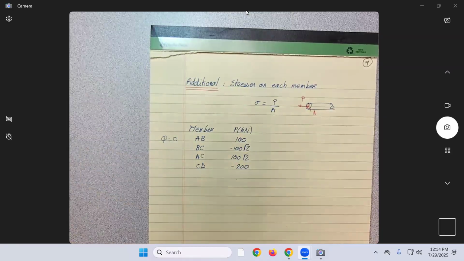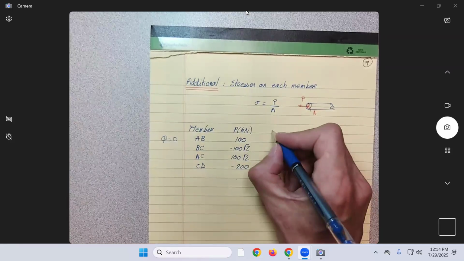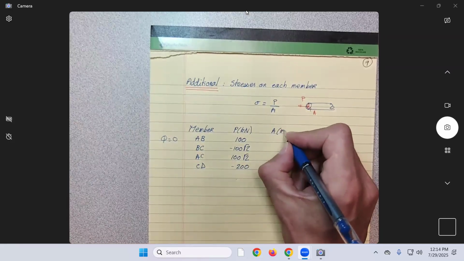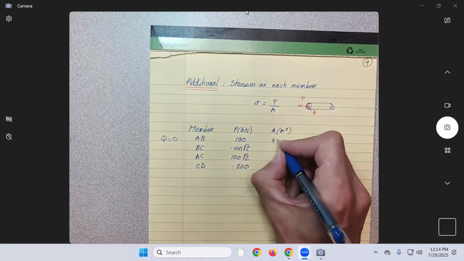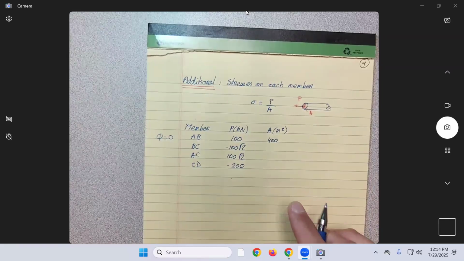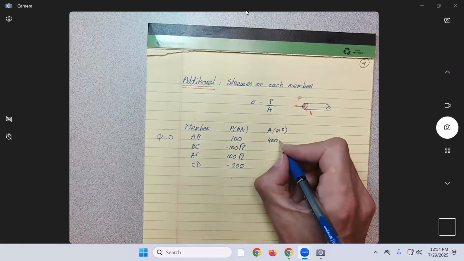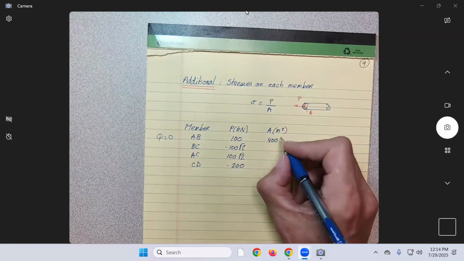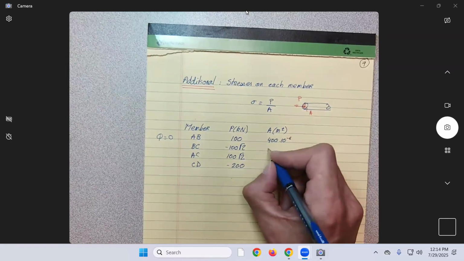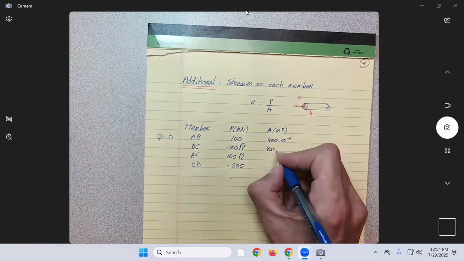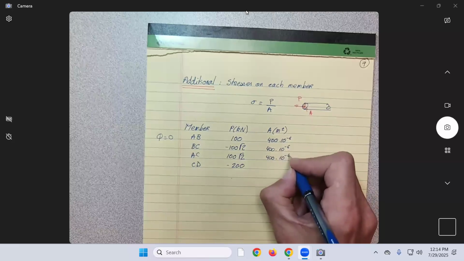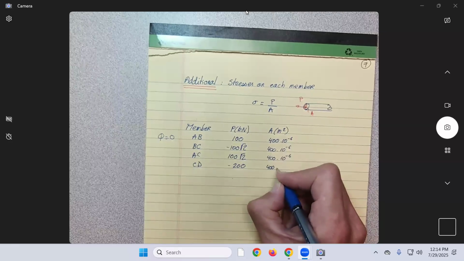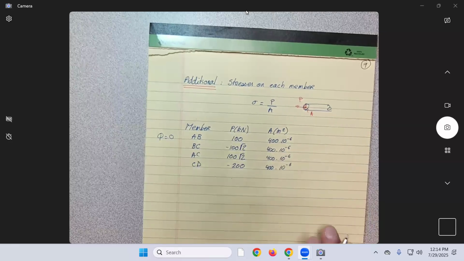Okay, in the problem, it was said that all the members have the same cross-sectional area, which was 400 millimeters squared. So let me put 10 to the minus 6 since I forgot this one: 400 times 10 to the minus 6 for each.